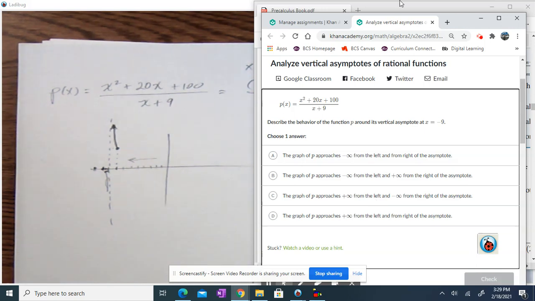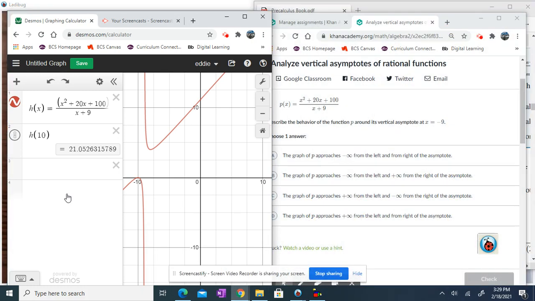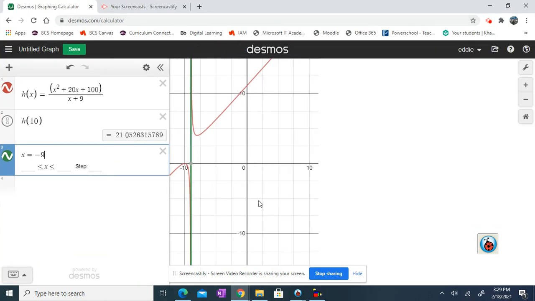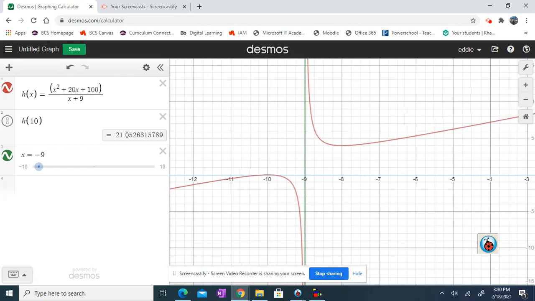All right, and we can see that on our Desmos screen, right? So if I go to Desmos here, let me put in x equals negative 9, which is your vertical asymptote. All right, so zoom in on this a little bit.